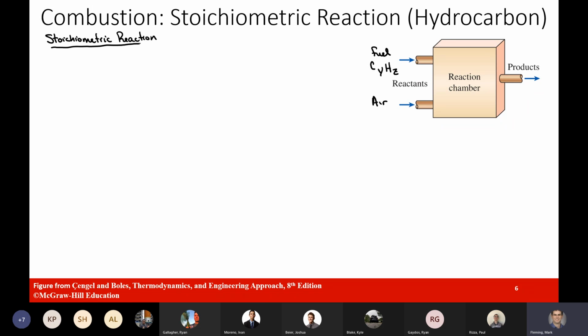Now, in terms of setting this up, like in the previous example, we got to set something equal to whatever we chose. And so when we do the stoichiometric reaction for any sort of fuel or combustion process, we generally want to set it up as a per fuel analysis. The reason we'll do this will become clear once we get into the energy components of modeling the stoichiometric reactions.